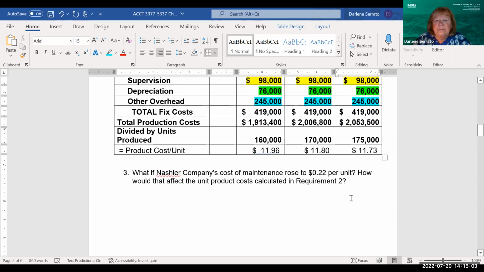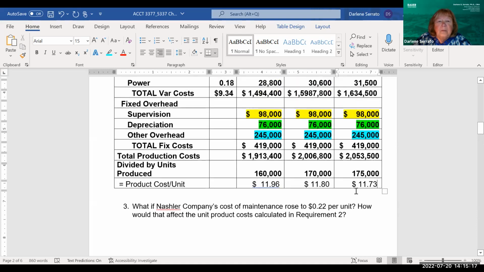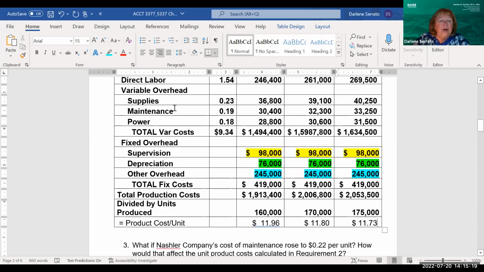Okay. So what if the cost of maintenance rose to 22 cents per unit? How would that affect the unit product costs calculated in requirement 2? Maintenance is a variable cost. Because it is a variable cost, the variable cost per unit will stay the same.